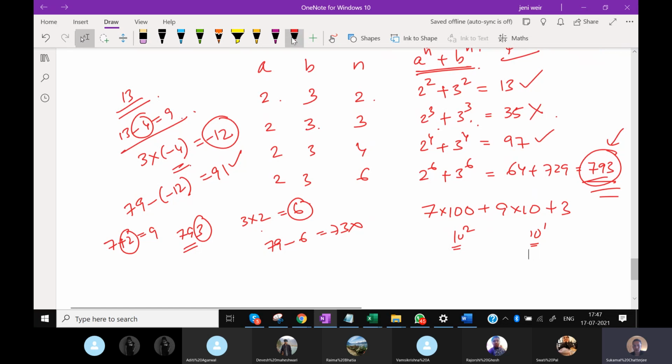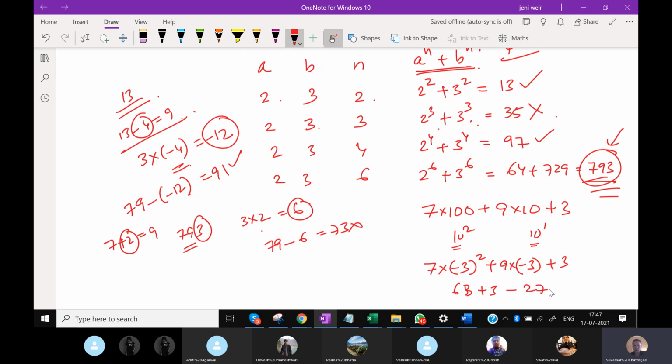So 7 into (-3) square plus 9 into (-3) plus 3, which is 7 nines are 63, plus 3, minus 27. So 66 minus 27 is 39, right? And 39 is divisible by 13. So this number is divisible by 13.